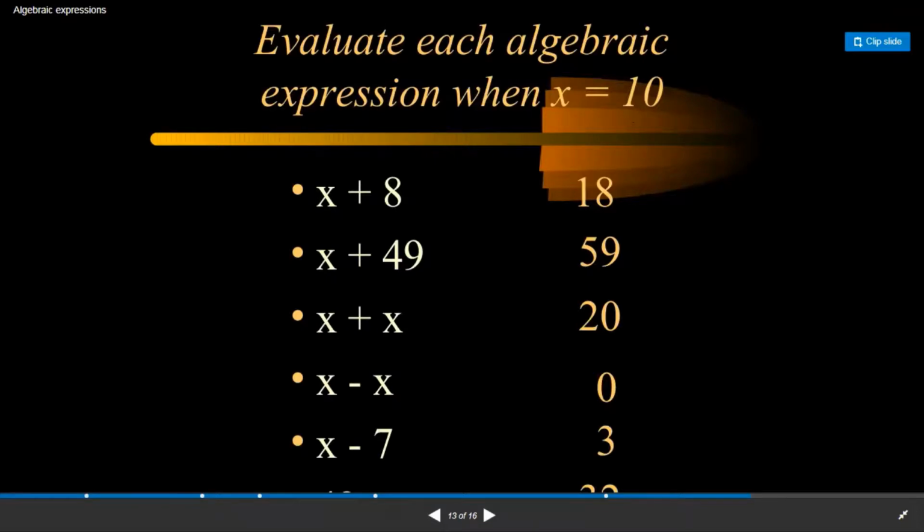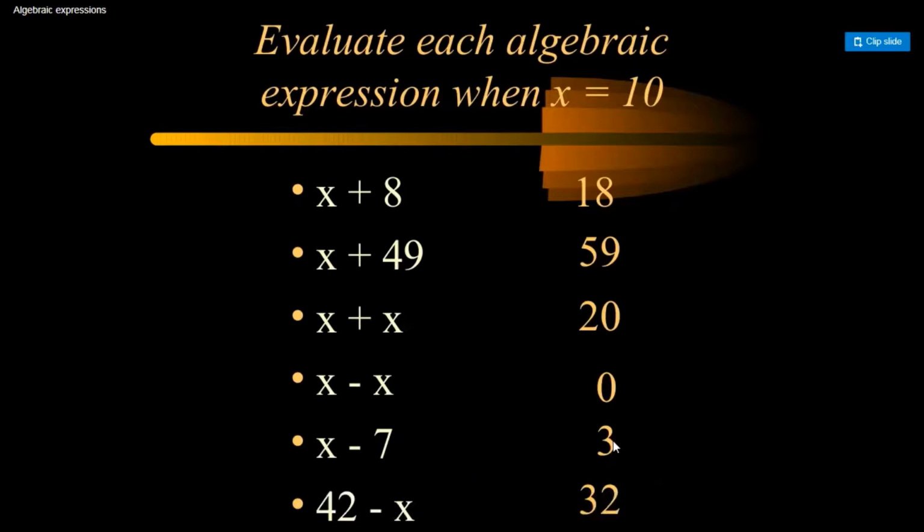X plus x, 10 plus 10, that is 20. X minus x, 10 minus 10, it's 0. X minus 7, 10 minus 7, the answer is 3. So that's how we evaluate an algebraic expression.